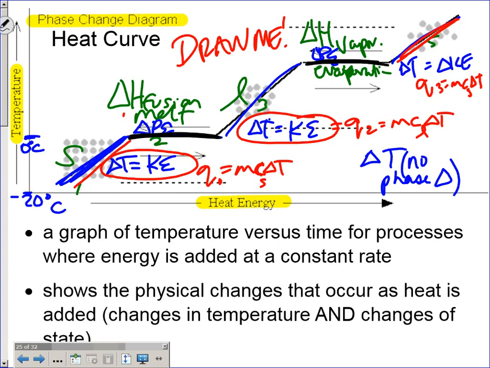So ΔH times mole, or the number of moles you have, would equal Q. This is Q of phase change. So what values would you need for this? For this one, I would need to know the enthalpy of that phase change. I would need to know what I just wrote here.